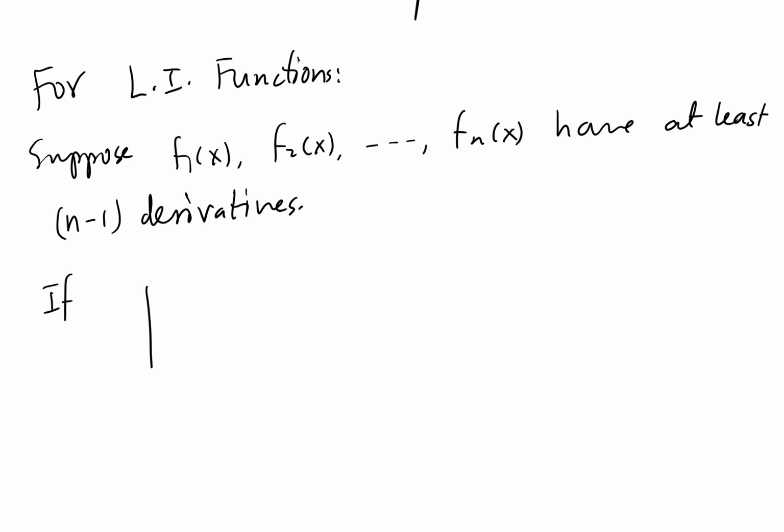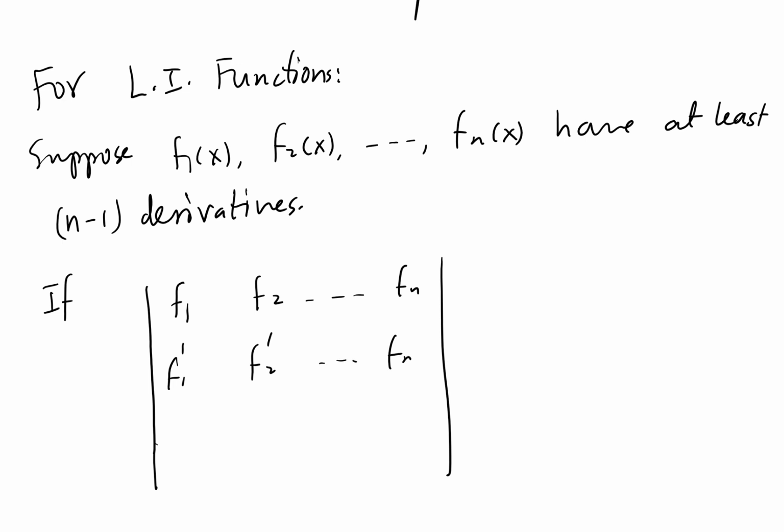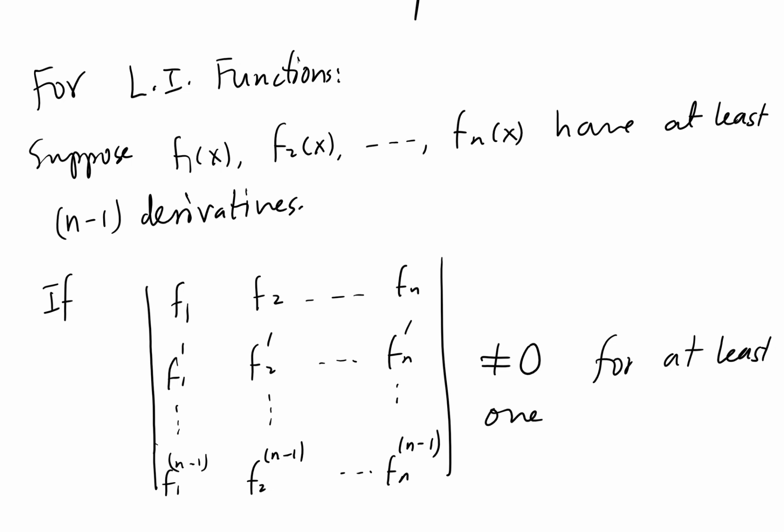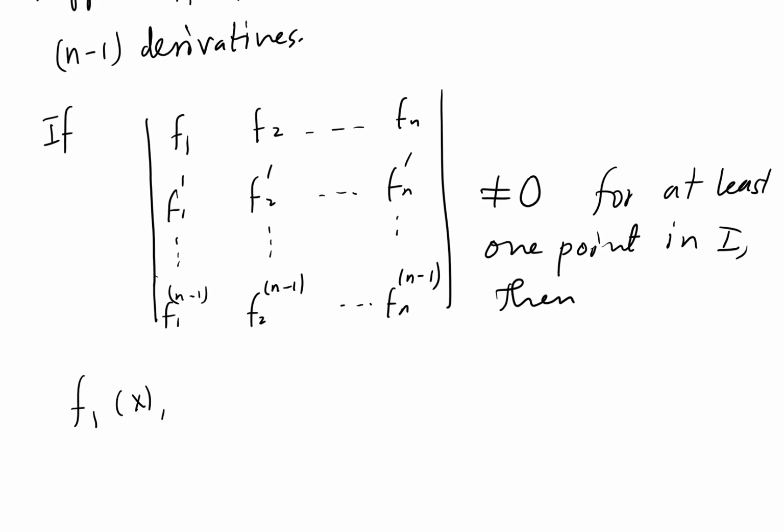If the determinant with rows f1, f2, ..., fn, then f1 prime, f2 prime, ..., fn prime, all the way down to the n minus 1 derivatives of each, does not equal 0 for at least one point in the interval I, then we say that the functions f1 of x, f2 of x, all the way to fn of x are linearly independent.